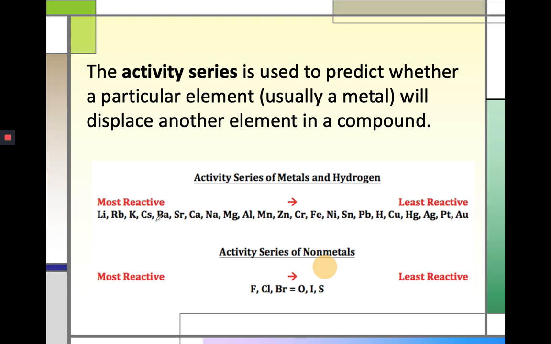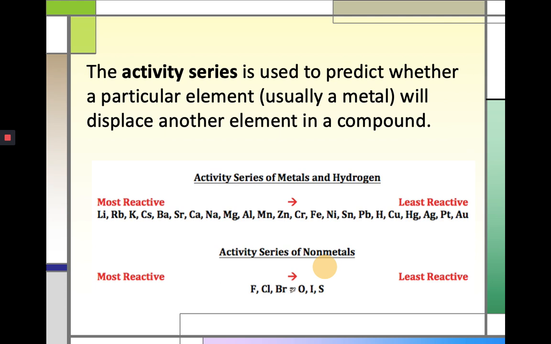Here we look at the arrangement of the activity of the metals in displacing each other. In the second row, we also have the activity series of the nonmetals, saying that fluorine is the most reactive, meaning it has the most power to displace another nonmetal.